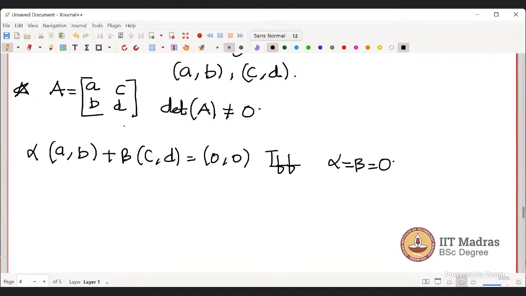So this will conclude that it is linearly independent. If the matrix is invertible, then the system has only one solution, X is 0, right? Right, sir.